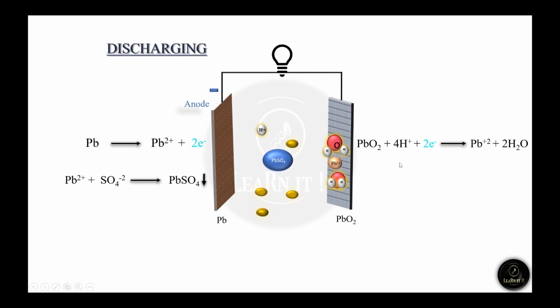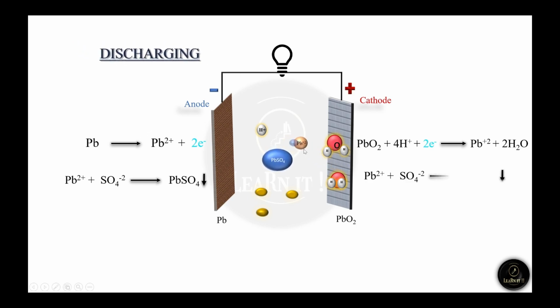The gain of electrons is called reduction. The place where reduction takes place is called cathode, which is positively charged. So the lead ions formed enter into the solution or electrolyte to form lead sulfate.